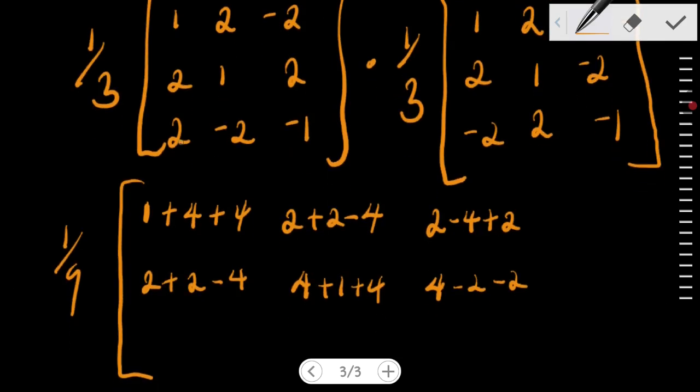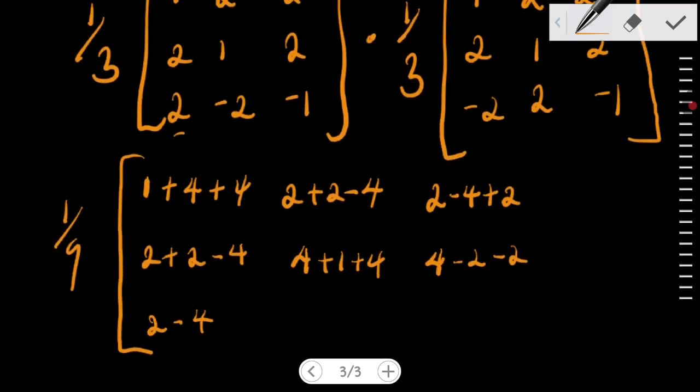Now let's go to the third row. 2 times 1 gives 2, then negative 2 times 2 gives minus 4, then negative 1 times 2 gives plus 2.